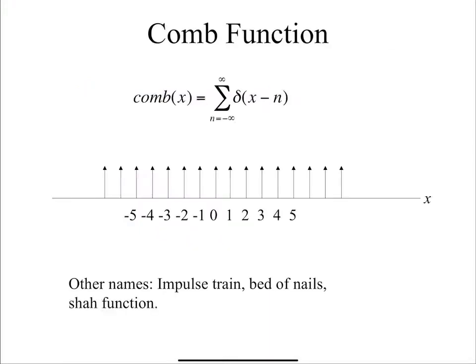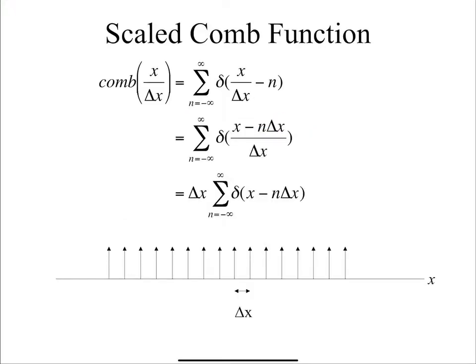All right? The way we represent sampling is with a comb function, which is just a bunch of delta functions. And the comb function, by definition, has a spacing of 1. Okay? So the comb on its own has just a spacing of 1. But obviously we want scaled comb functions, so what we actually want is something like comb of x over delta x.